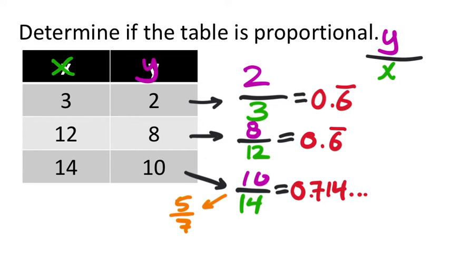It's a pretty ugly decimal. In any case, I can see right here, these fractions are not equivalent. They're not equal. So this table is not proportional.